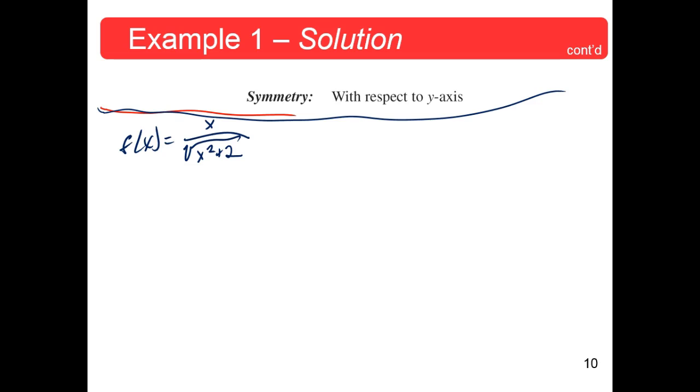Zero in a denominator, okay? For you to have a 0 in the denominator, that would mean the square root of this thing had to be 0. The only way a square root can be 0 is if the radicand is 0. Can x squared plus 2 ever be 0? No, it can't. So we have no vertical asymptotes in this problem. The denominator is never equal to 0.